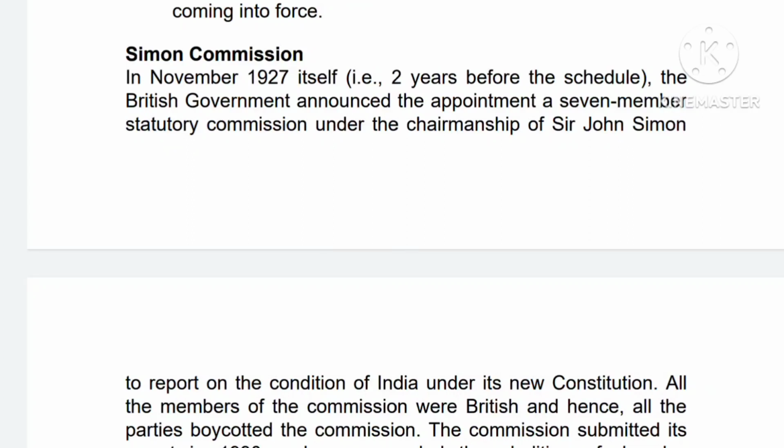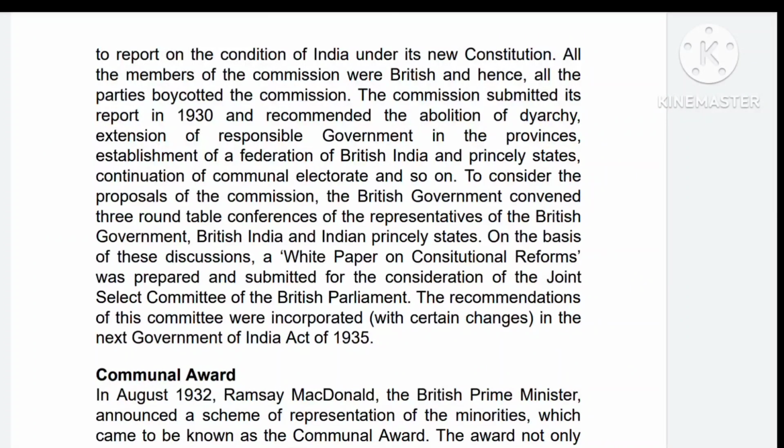All the members of the commission were British and hence all the parties boycotted the commission. The commission submitted its report in 1930 and recommended the abolition of diarchy, extension of responsible government in the provinces, establishment of a federation of British India and princely states, continuation of communal electorate and so on.